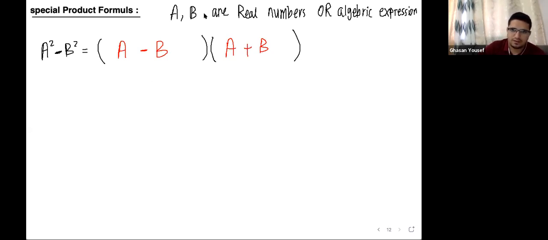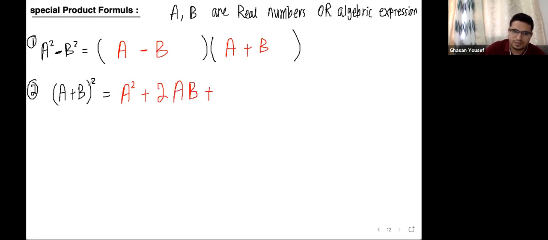The second formula, if I have a plus b, everything squared, I have to distribute the square inside the parentheses. This is equal to a squared, plus 2 times the first term and second term, plus the second term squared.